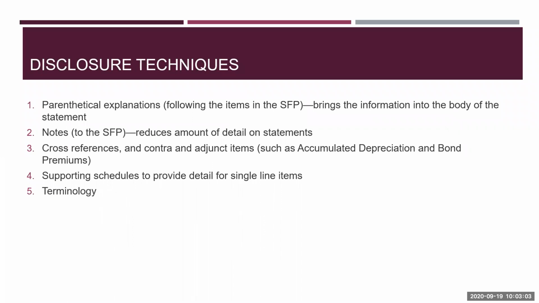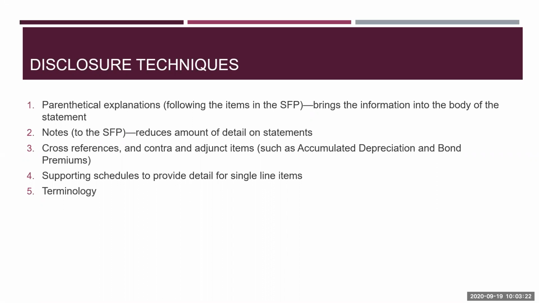Now, how do we make the users aware of that information? It really depends on the type of information. The most common way of making this information available is through the notes to the statement of financial position, where you get lots of details.